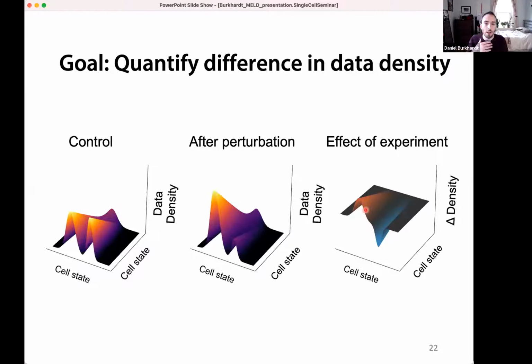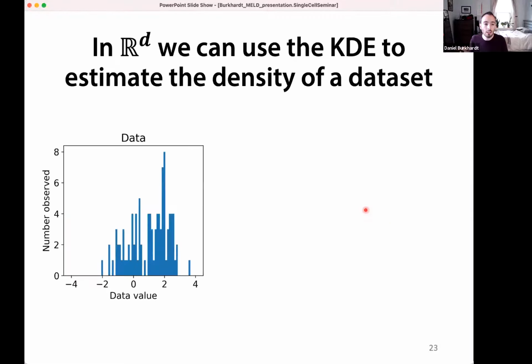And so those of you who are familiar with some ideas in statistics might be somewhat familiar with this idea of a kernel density estimate, or a KDE. If you think about data here being just a random sample from two distributions. We're just looking at one feature here. And this is the number of samples we observe, right?